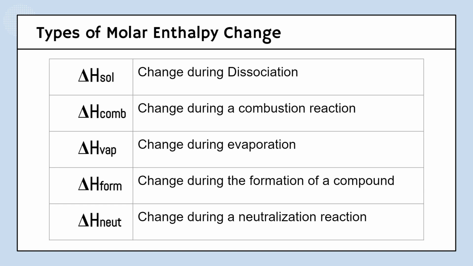So here are the different types of molar enthalpy change. We have the molar enthalpy change of solution, which is the change during dissociation, molar enthalpy change of combustion, which is the change during a combustion reaction, molar enthalpy change of vaporization, which is the change during evaporation, and molar enthalpy change of formation, which is the change during the formation of a compound, and finally the molar enthalpy change of neutralization, which is the change during a neutralization reaction.